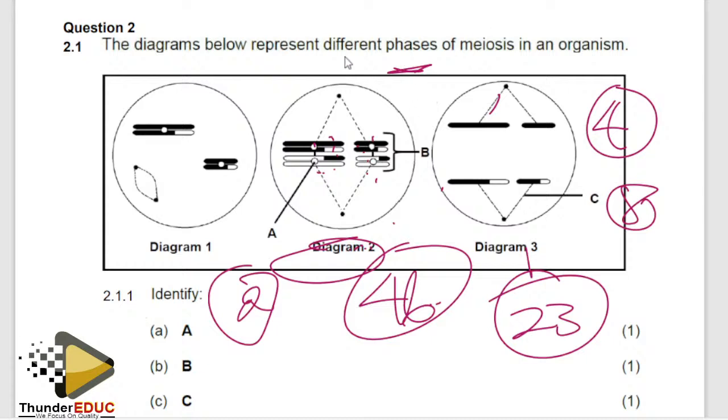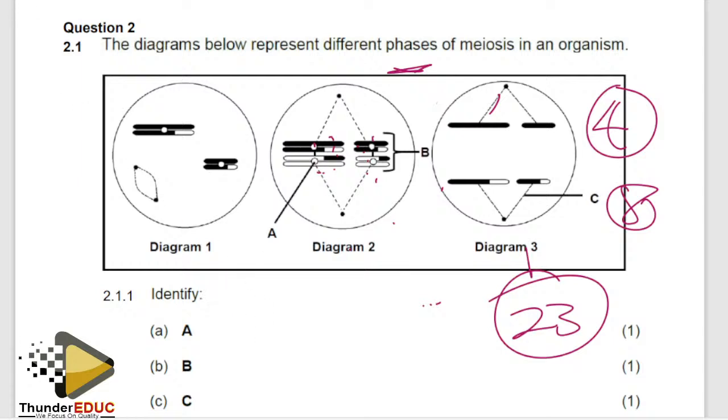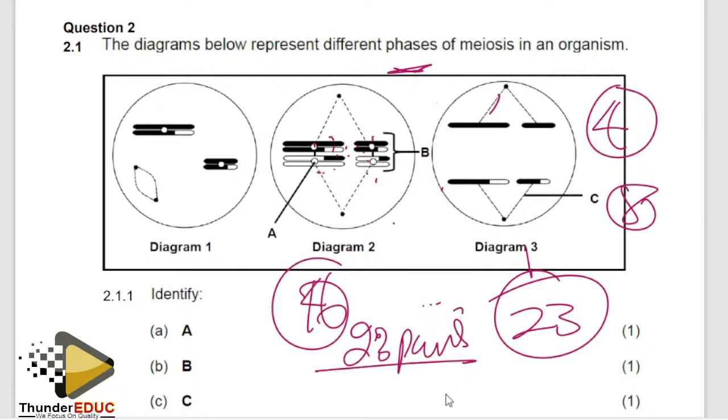Now the question comes, how many chromosomes will be found in diagram 2 if this was a human cell? Now they said if this was a human cell, because this is meiosis 1 in a human cell, therefore there will be 46, or there will be 23 pairs. Yes, I think I'm clear there. That is point number 1 about meiosis.